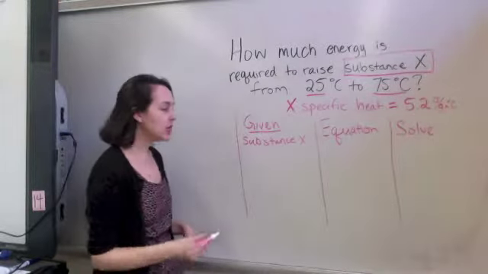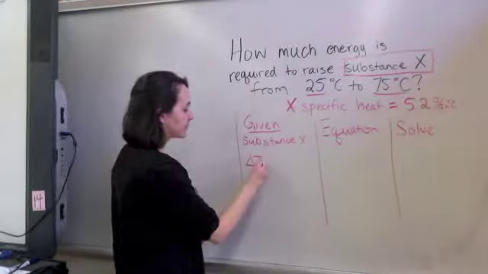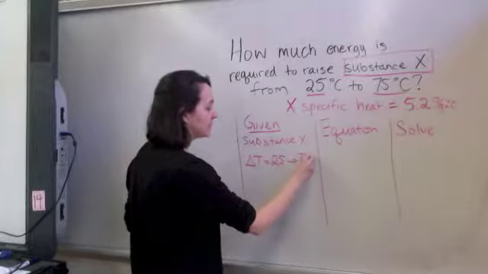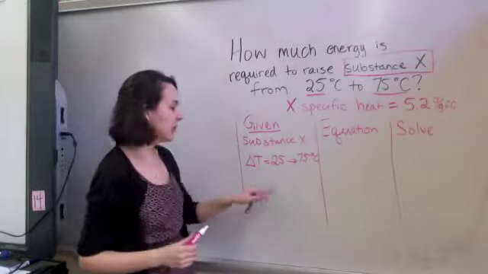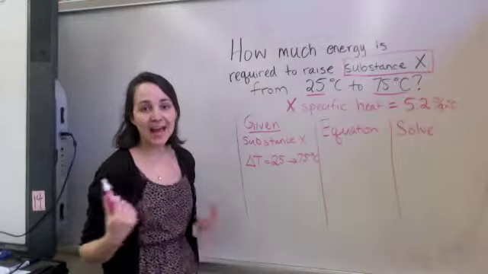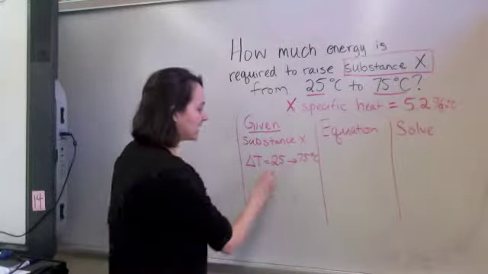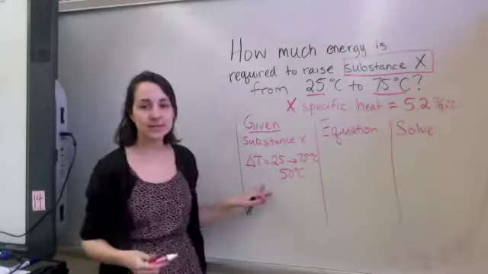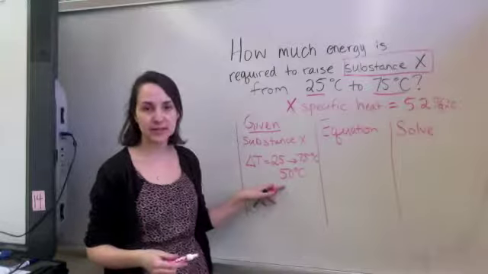My change in temperature is going from 25 to 75 degrees Celsius. All right? So I know that this is going to be my change in temperature. Another thing that I can then get from this is that the total change is 50 degrees Celsius. So my delta T is going to be this 50 degrees Celsius.